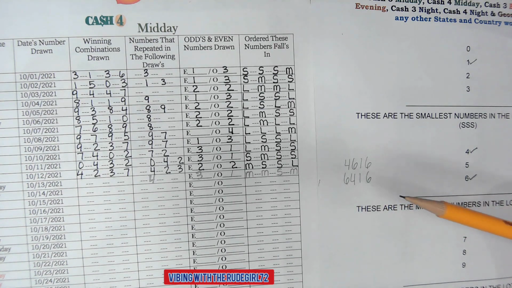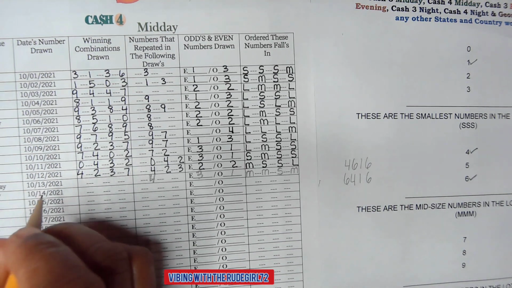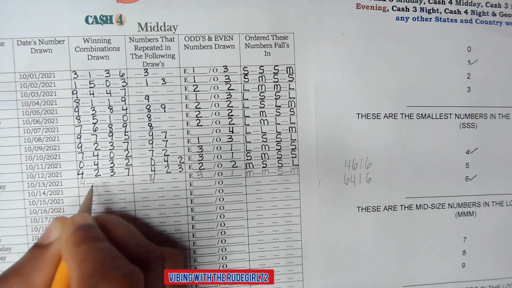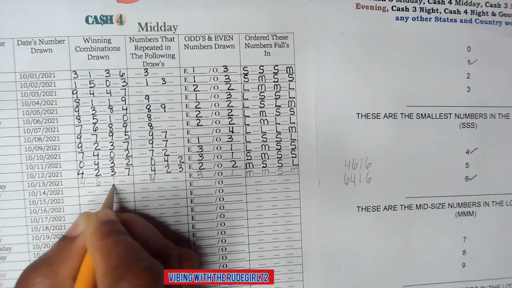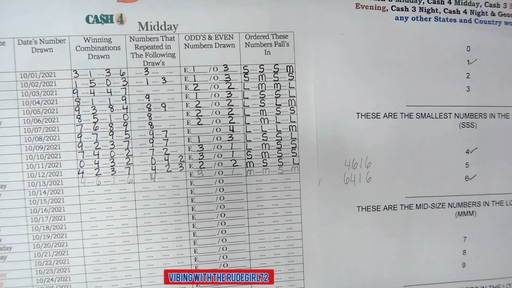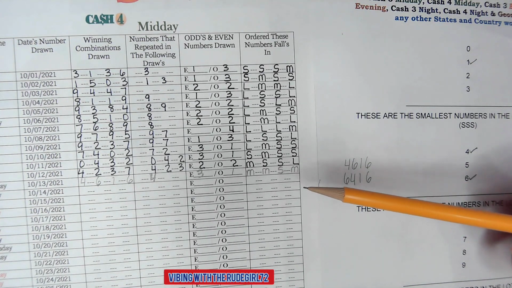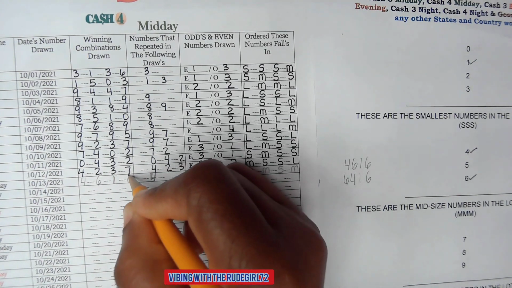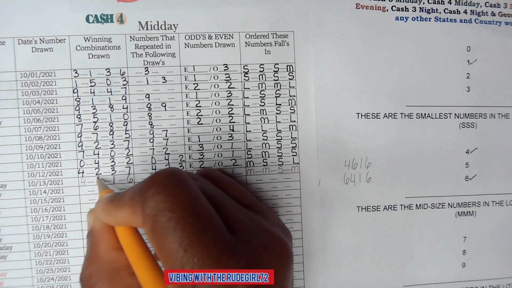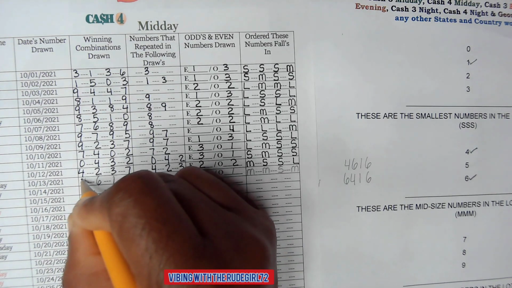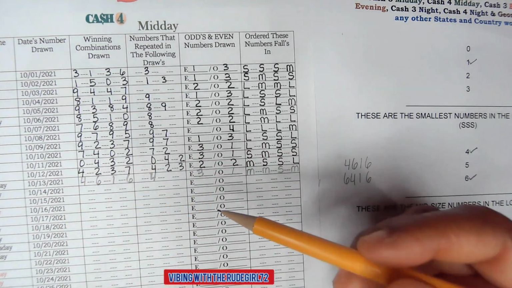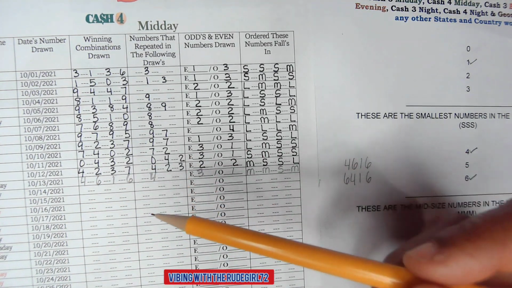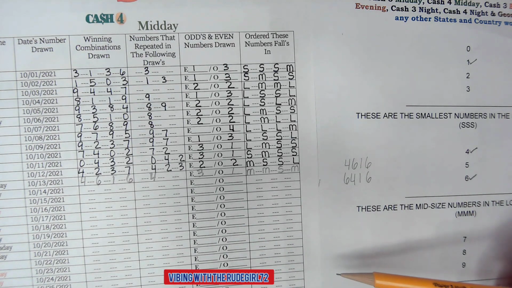Okay, so now let's put one of these numbers over here. So I'm going to go ahead and put the 4, 6, 1, 6. Now again, don't forget this is just a prediction, and the actual system could bring this number any direction it chooses to bring it. It's okay. I'm always saying, as long as we have all the same digits that the machine has, we are good to go.